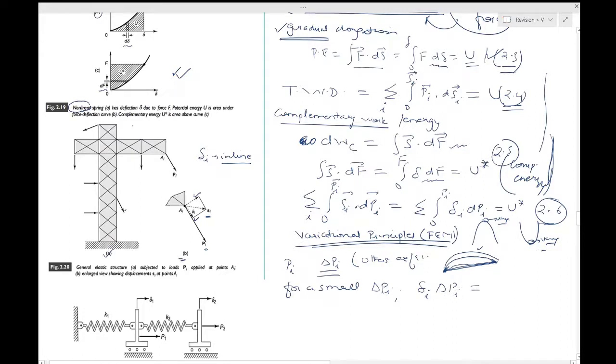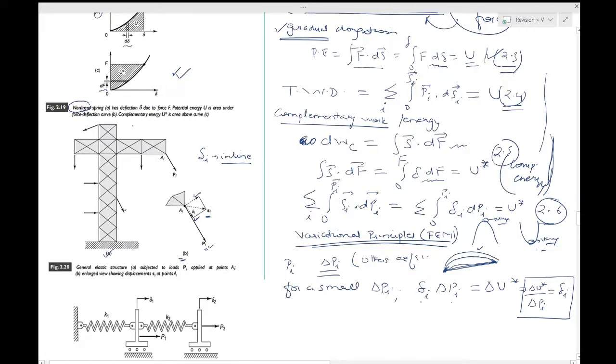You are taking Pi and delta i because only the inline component will do work, the perpendicular one will not. So that will be equal to delta U star, and this implies that delta U star by delta Pi is equal to delta i.